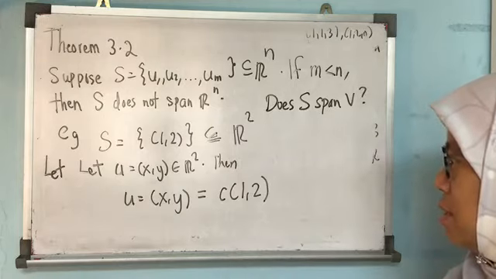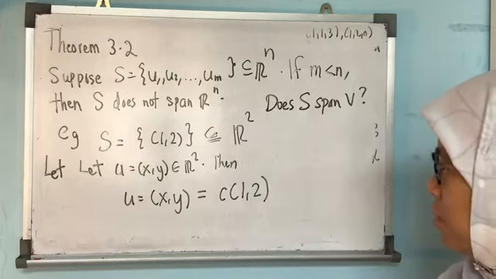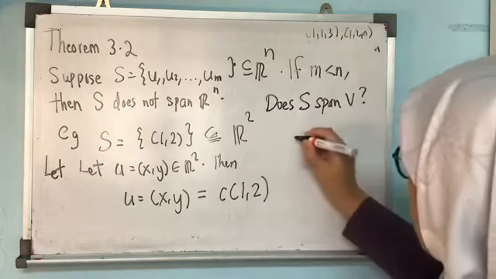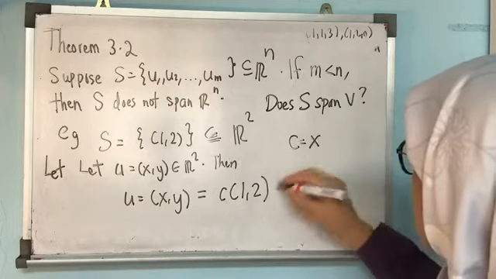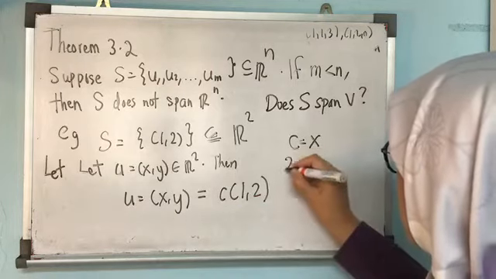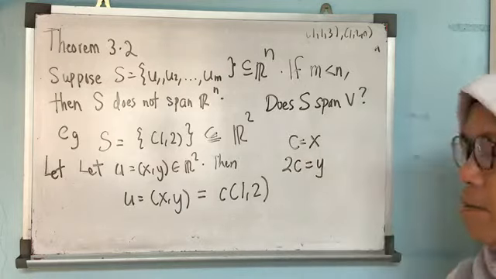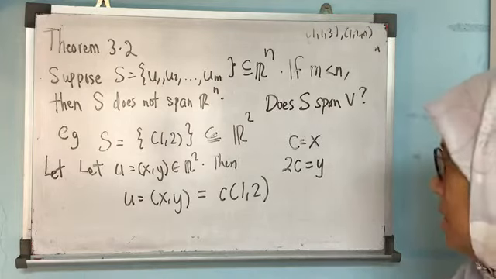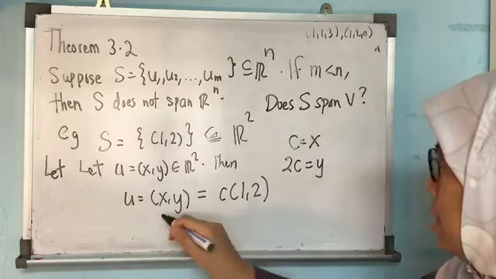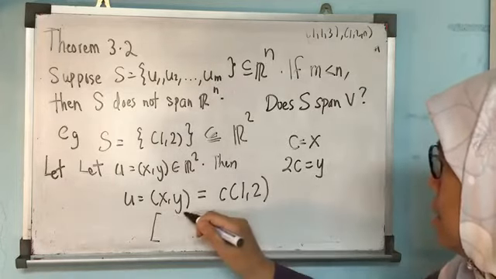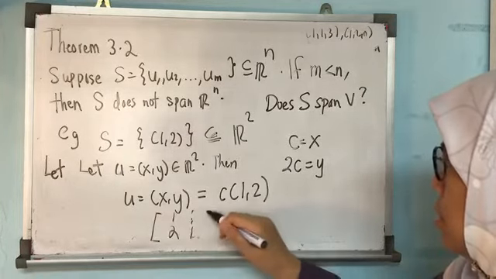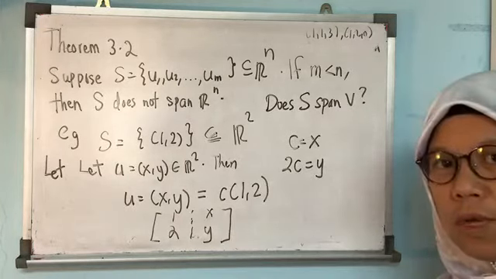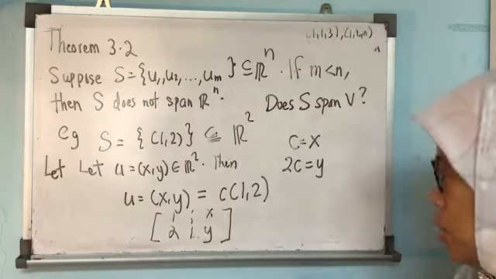So how do you solve this? You will put C equal X, 2C equal Y. You cannot really see whether there is a solution or not. But if you write this as 1, 2, X, Y, then row reduce.